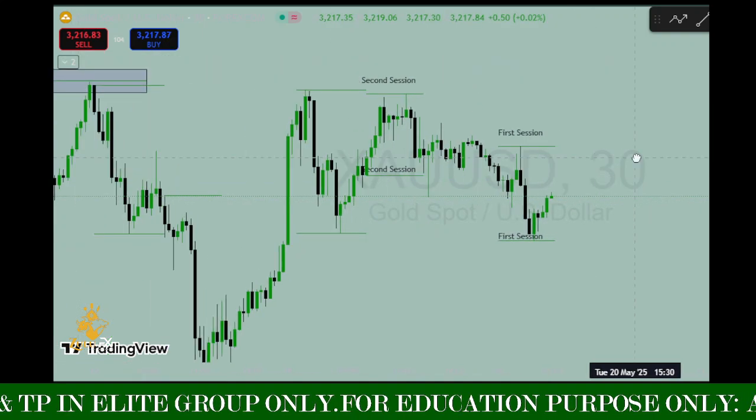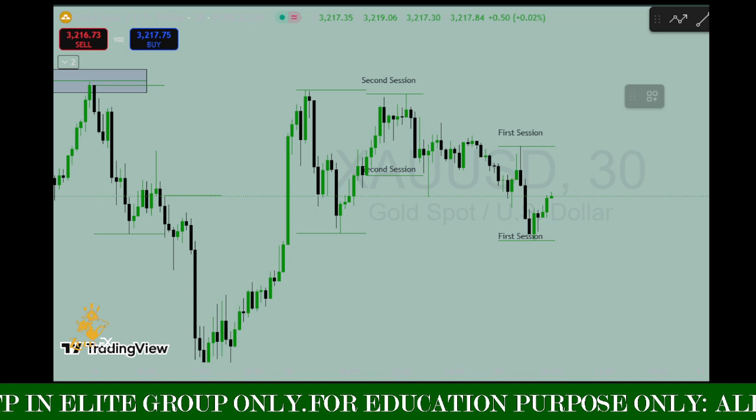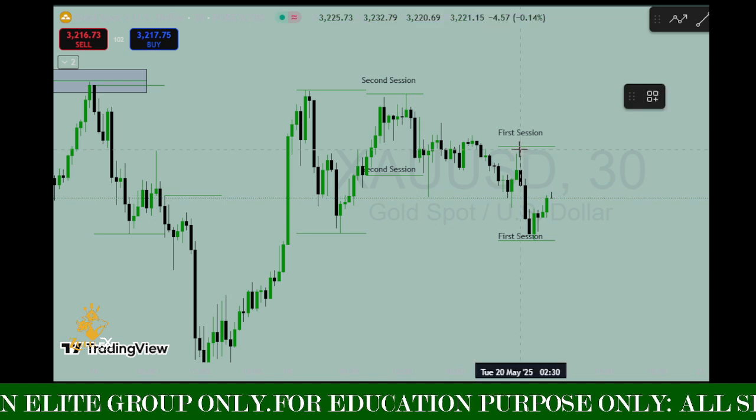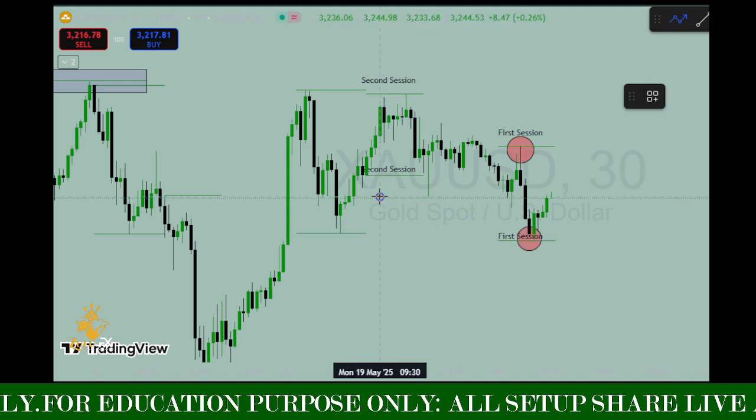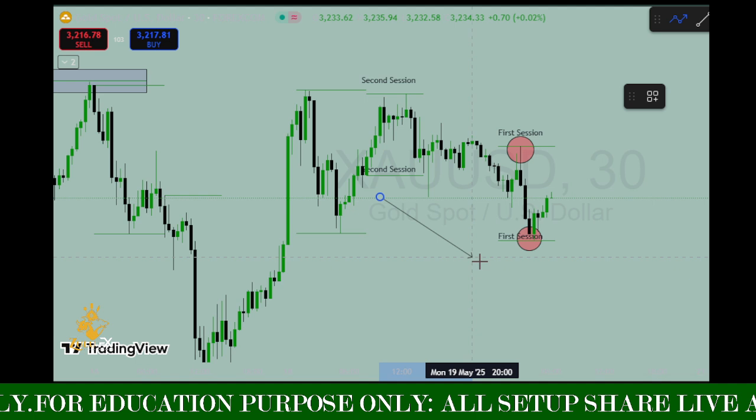You can see this is where the Asian session opened. This is its lowest point. So right now, currently we're at this region, and we want to see this movement for the day.